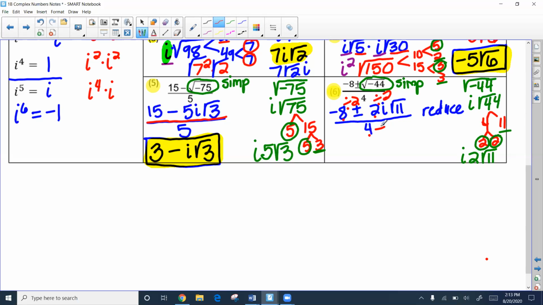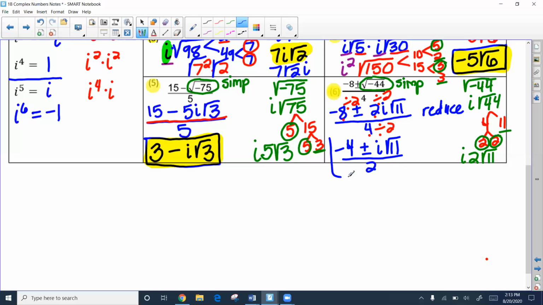That's one way we can reduce, is we can just leave it as a fraction, but divide a 2 out of all of those. That will give us a negative 4 plus or minus, this would divide to give us a 1i square root of 11. I don't really have to write the 1, so I'm not going to write the 1. So just i square root of 11 over 2.